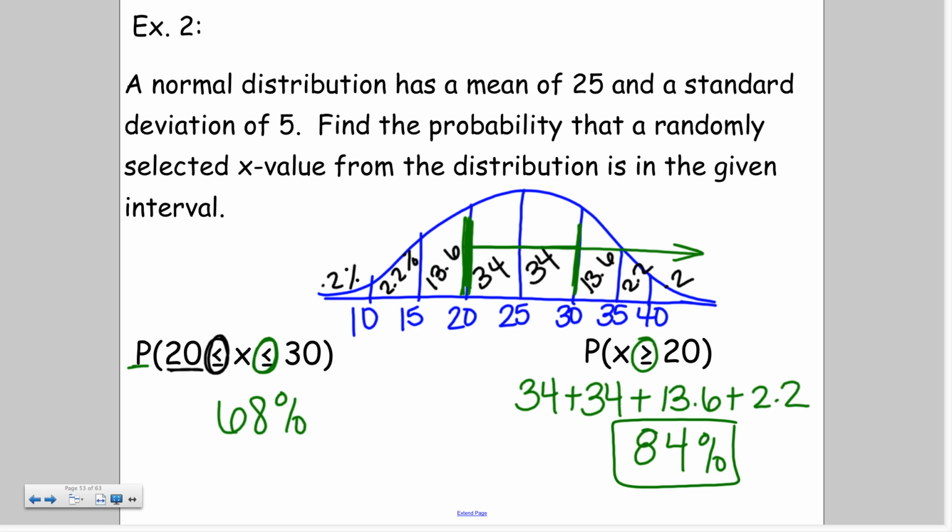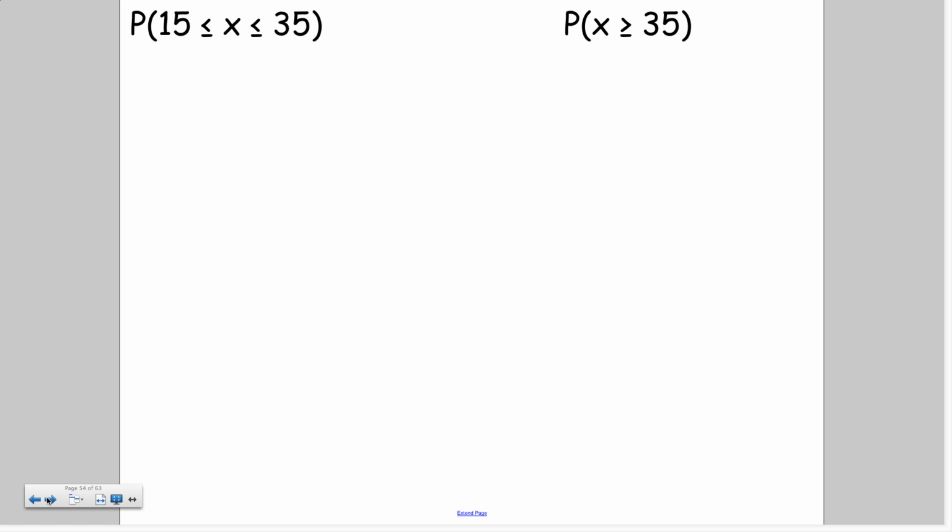Okay? Anytime it has the P, that's the probability. If it asks how many, you want to multiply by the number of people questioned. But anytime it's probability or percentage, you're just going to add those up.